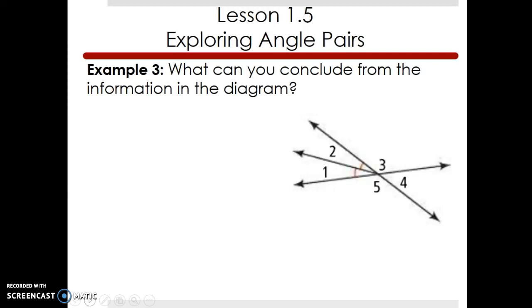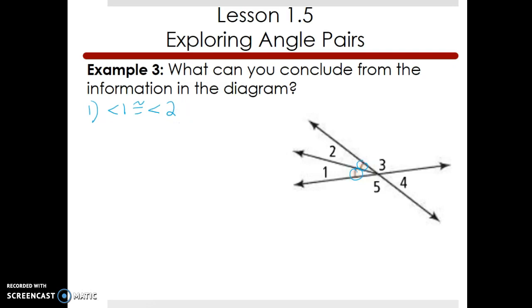So let's practice this idea. Over here, what information can you conclude from the diagram? Look at this. These two angles have markings, correct? So we can assume angle 1 is congruent to angle 2 because they have the markings.